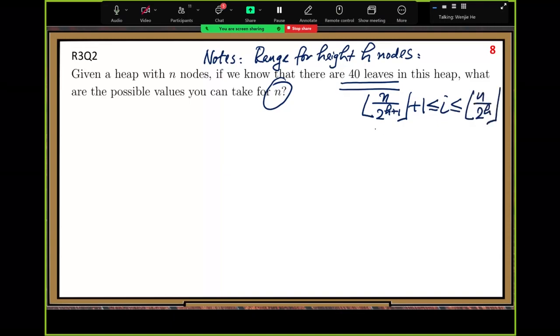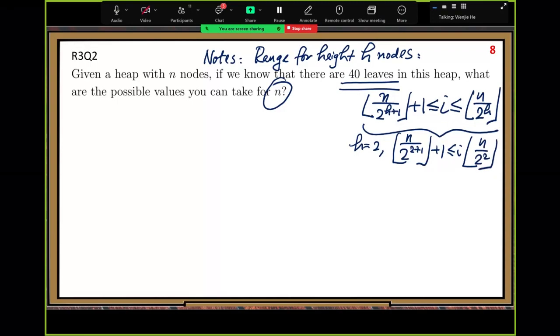That's the range formula. Because your height h equals 2, it's n over 2 to the 2 plus 1, and 2 squared.